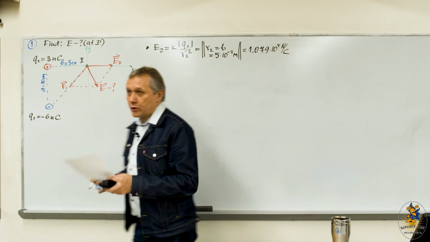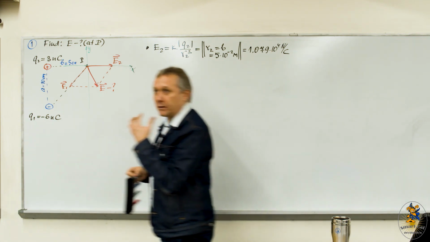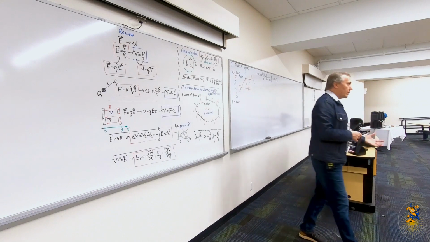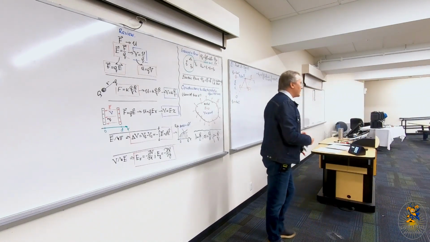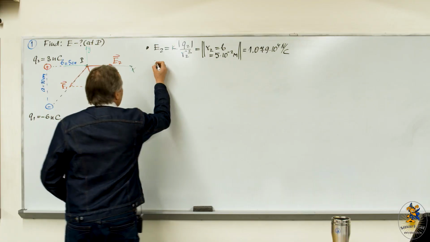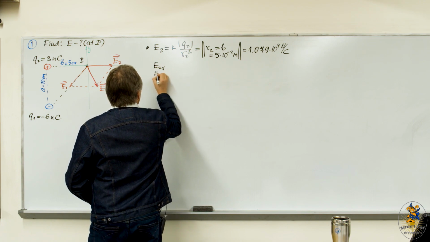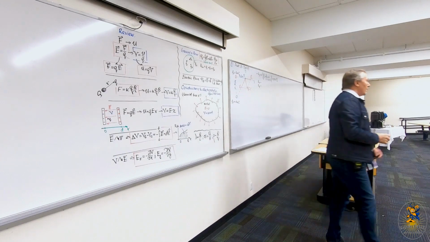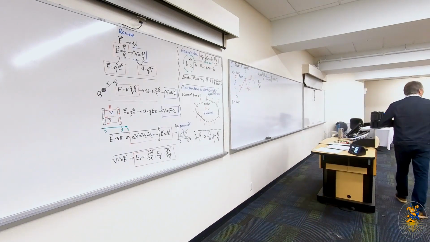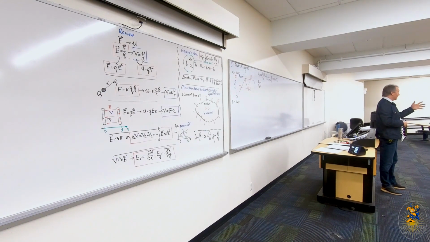Right. Okay, so now let's find components, and then we're going to do exactly the same with the second vector. Find the magnitude, and then components. And then you will have two vectors presented in component form. How to add them up, it's a piece of cake. Right? So now let me write components, E2x and E2y. What's the y component of this vector? Everyone says that's 0?